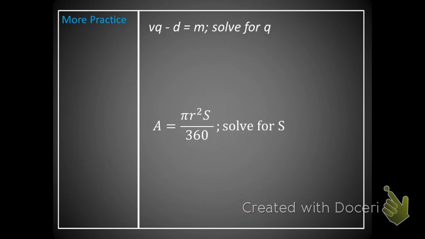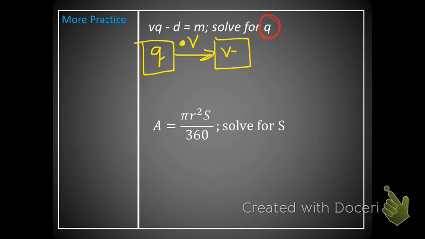We have this equation right here, VQ minus D equals M, and I want to solve it for Q. So I'm going to start by making a flow chart. I start here with Q, and I list everything that's happening to it. The first thing is times V, so that gives me VQ.